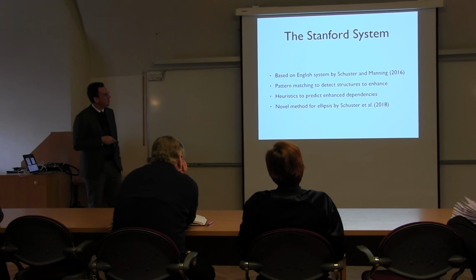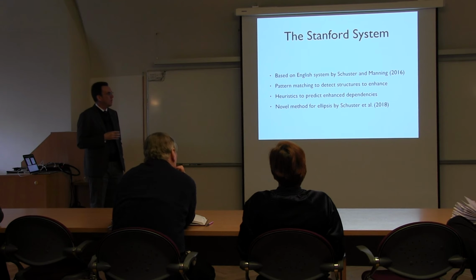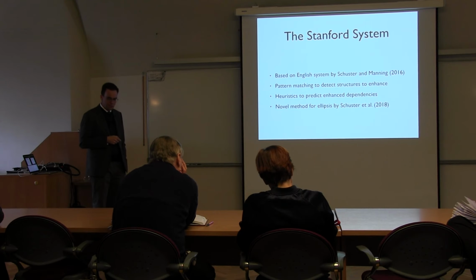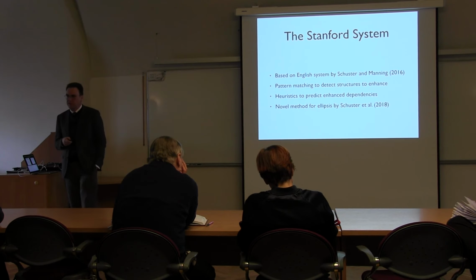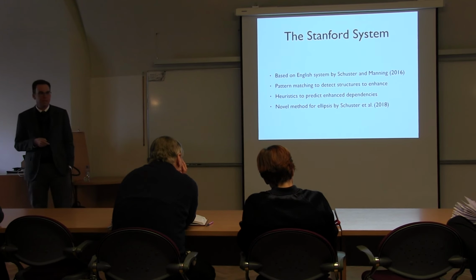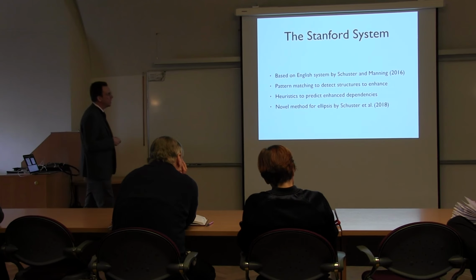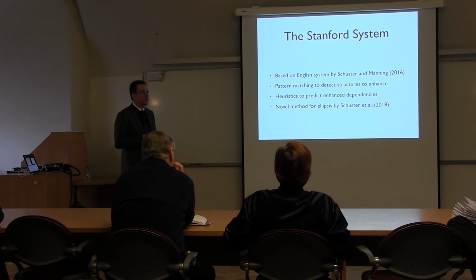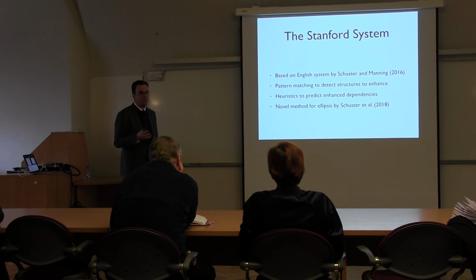So, as I mentioned, the Stanford system is a rule-based system. It actually is an evolution of the original converter for the Stanford dependencies that produced what used to be called collapsed and CC-processed Stanford dependencies, for those who have ever used something like that. It's mainly a rule-based system. It uses pattern matching to detect the structures to enhance, and the pattern matching there is very simple.